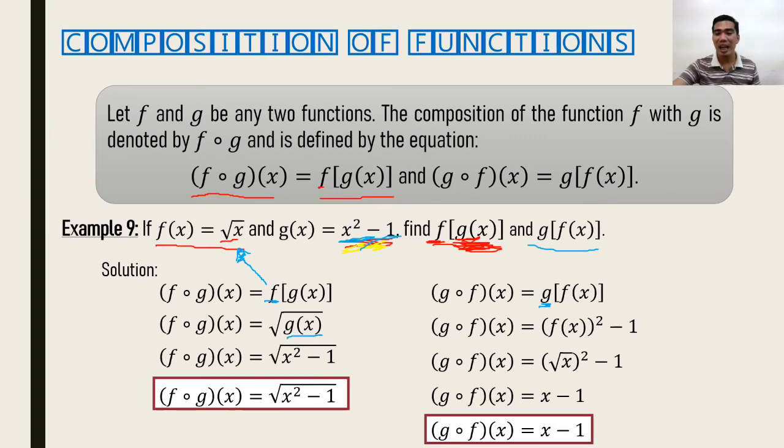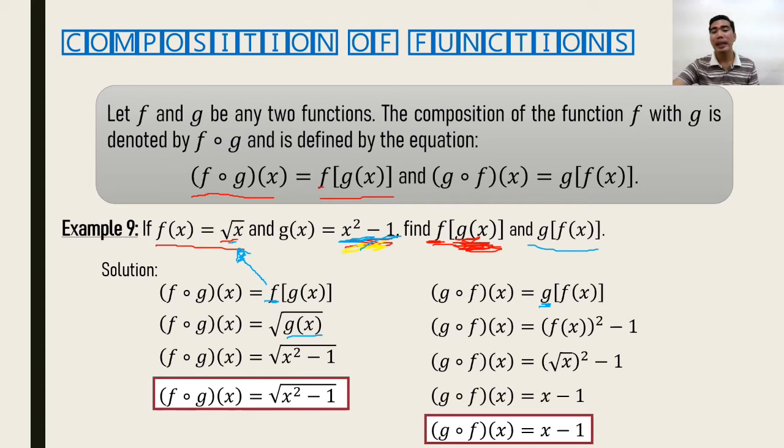Now, what we substitute for x is coming from the g of x. Follow? The g of x. That's why it becomes x squared minus 1. Since there is nothing more we can do, that is the answer.